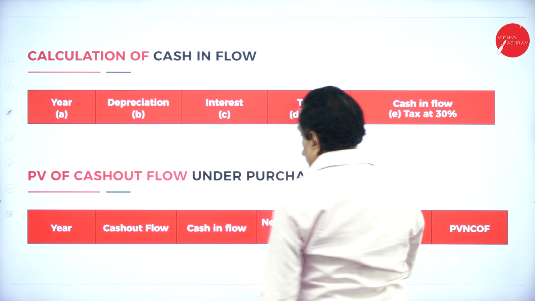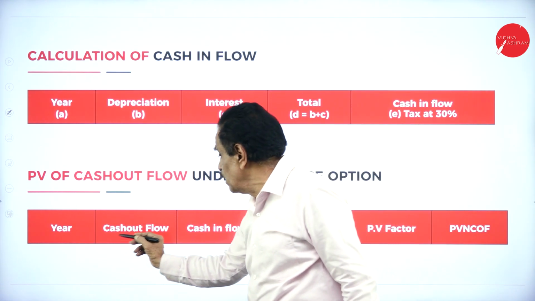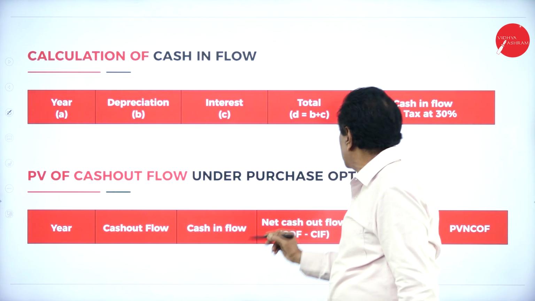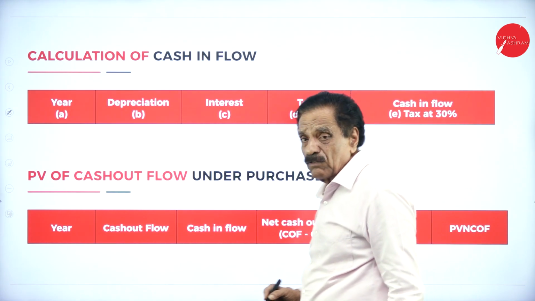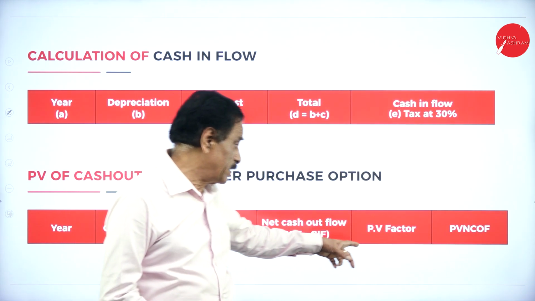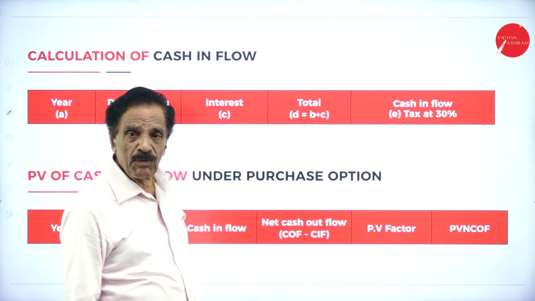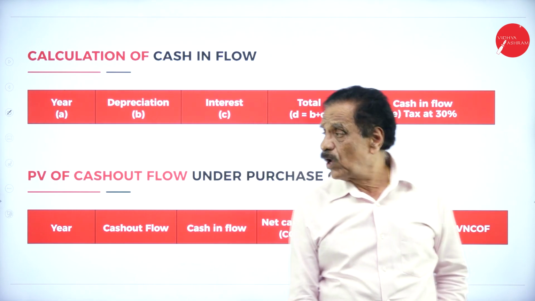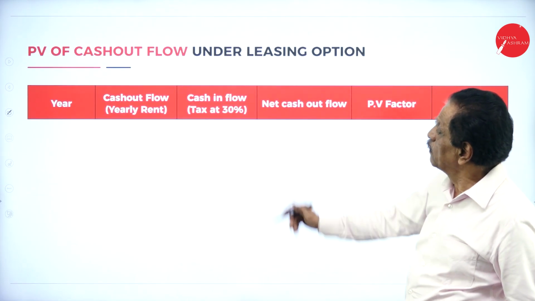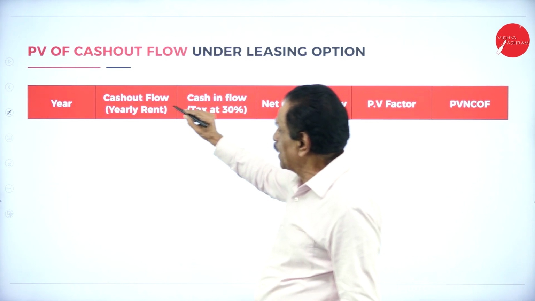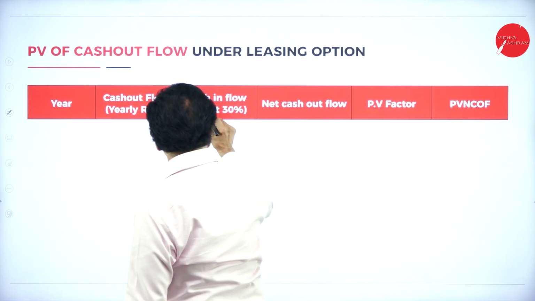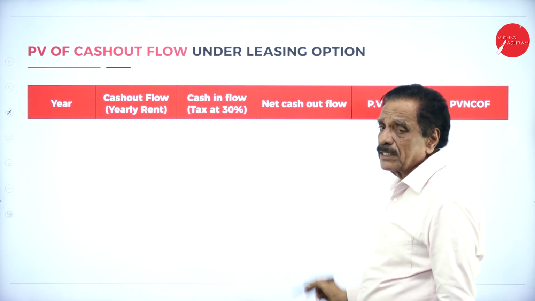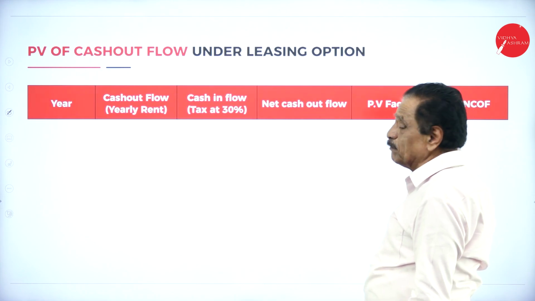Next step, under purchase option, your cash outflow you have calculated first. Cash inflow is there, deduct it, the balance is net cash inflow multiplied by discount factor, that's the net cash flow. Once you have this, then we go to the leasing option: cash outflow, whatever rent you have to pay, tax, and net cash outflow multiplied by the PV discount factor.